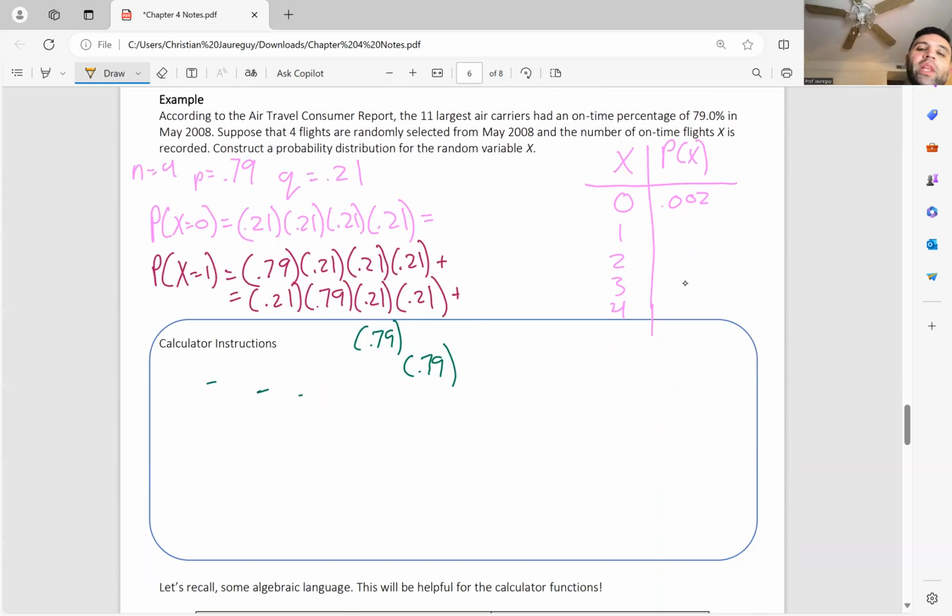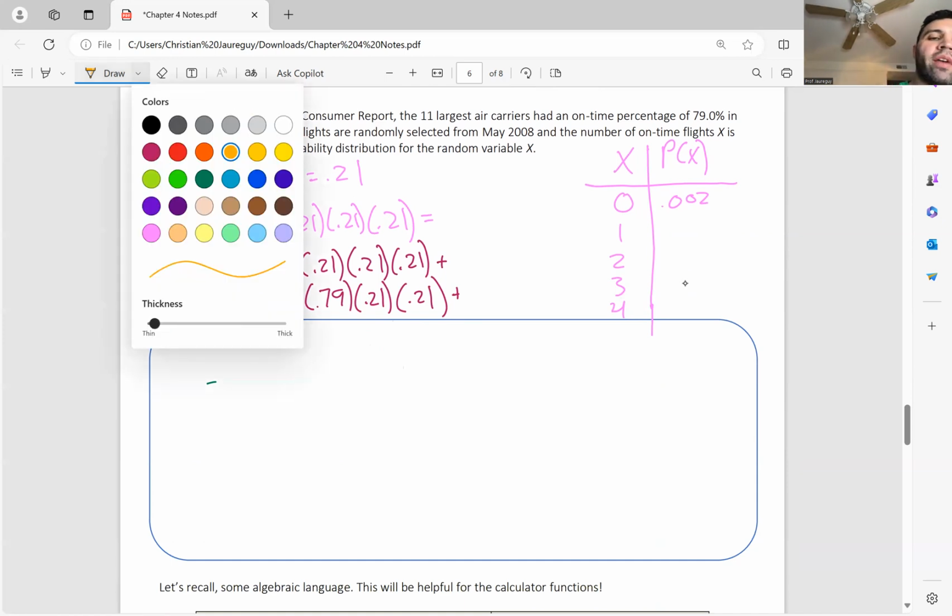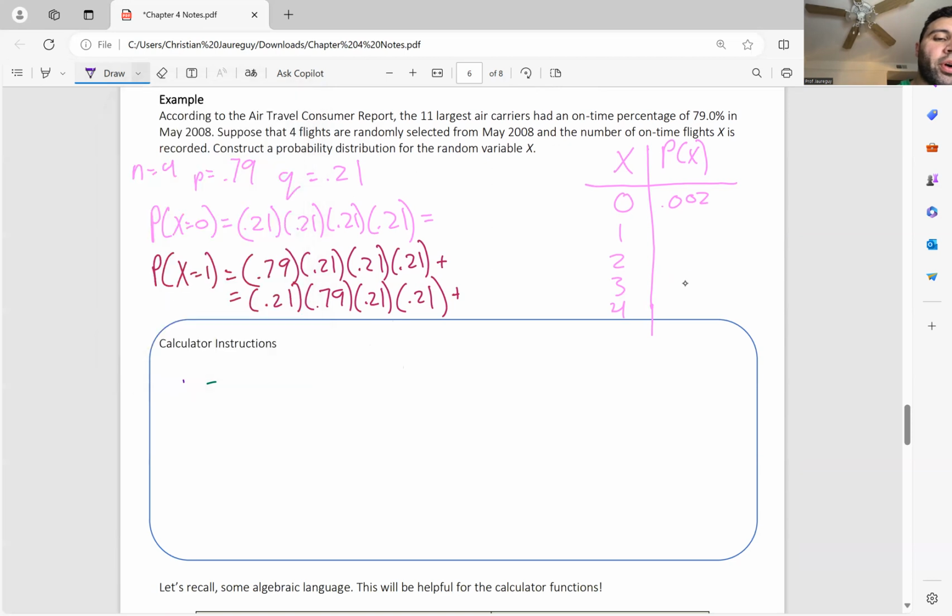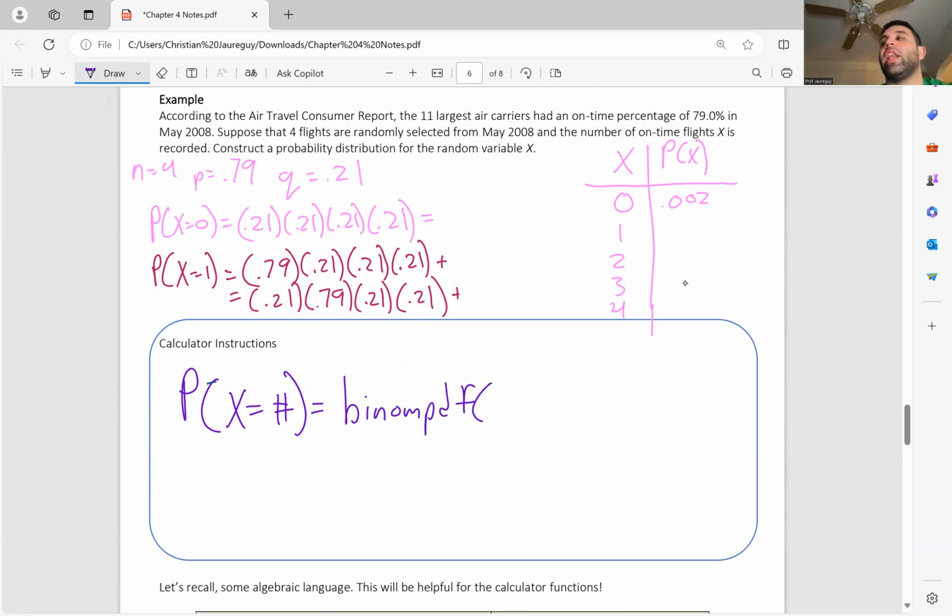So now we look at the calculator instructions. The probability that X equals some number is going to be, and I'll show us where this is in a second, binompdf. And if you were to type it out each time, it's going to look like the number of trials N, then P, the probability of success, then the number of successes that you care about.